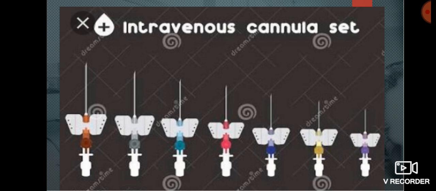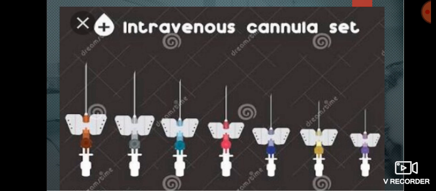Orange has a gauge of 14 and is used for adults, with a flow rate of 240 ml per minute. Grey is 16 gauge, used for adults, with a flow of 180. Next, green is 18 gauge, used for adults, with a flow of 90 ml per minute.